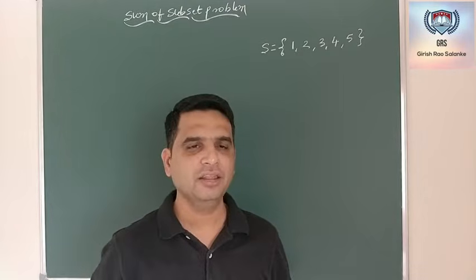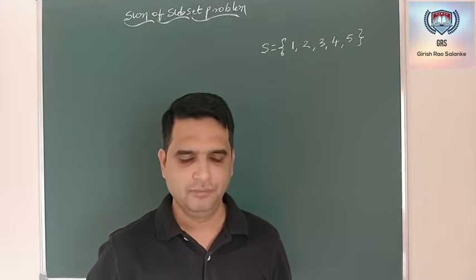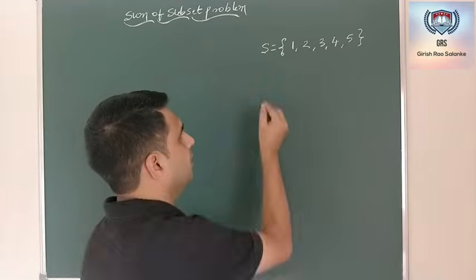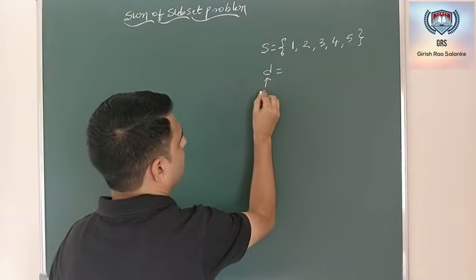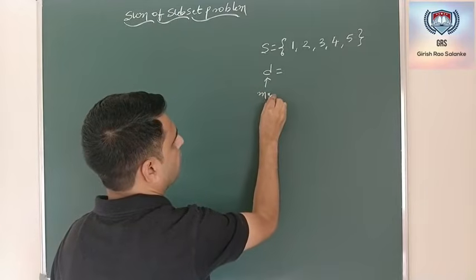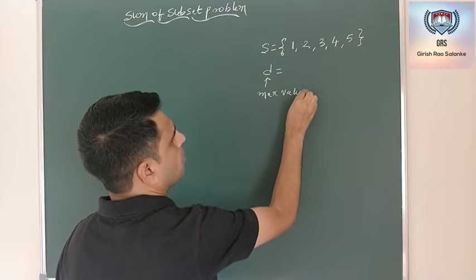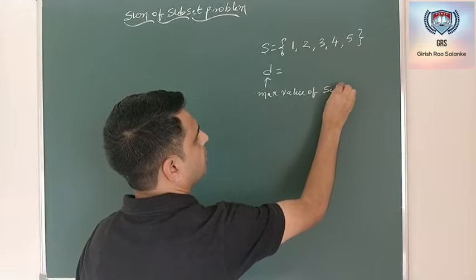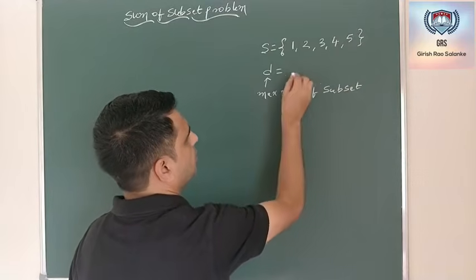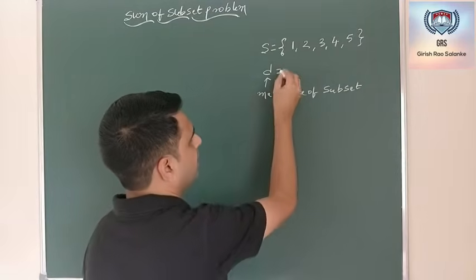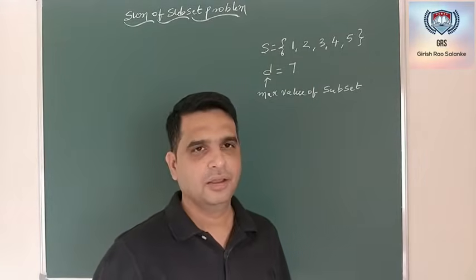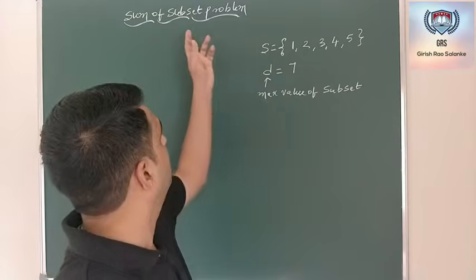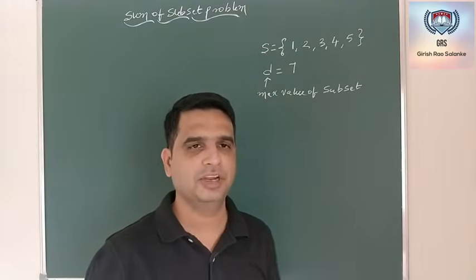Along with set S, the other input that will be supplied is a value D, and this D is called the max value of the subset. This D is once again an integer. Let me have a value 7 associated with this D. These are the inputs to my sum of subset problem.